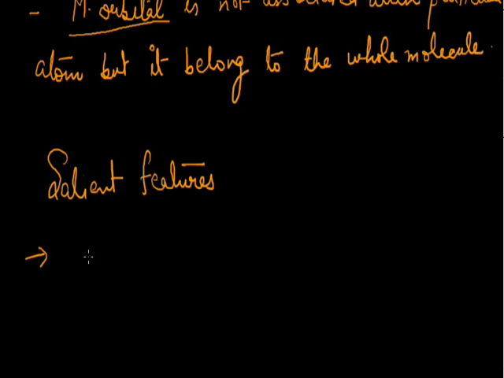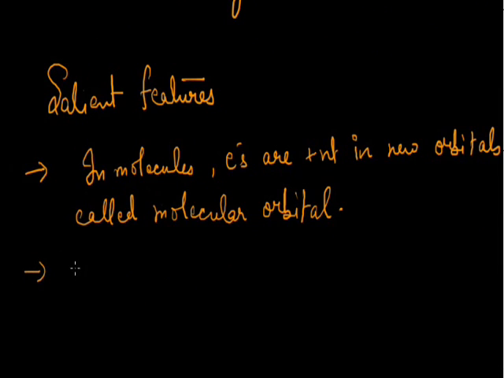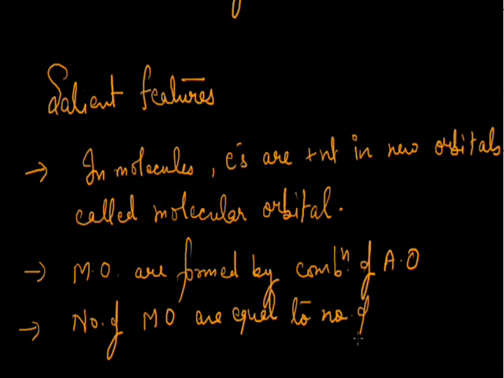According to this theory, in the molecules, electrons are present in new orbitals called molecular orbitals. Next, the molecular orbitals are formed by the combination of atomic orbitals, and the number of molecular orbitals is equal to the number of atomic orbitals combining.